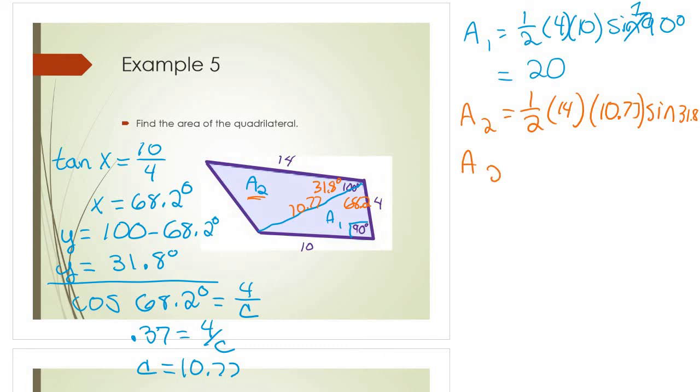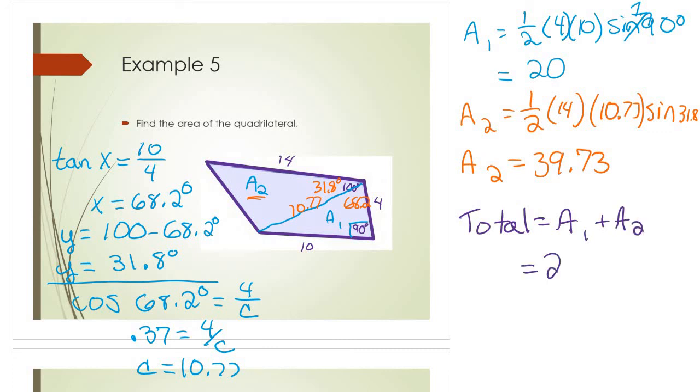All right, so area 2, when I typed it into my calculator, I got that value, 39.73. Now for the total area, drum roll, equals area 1 plus area 2, 20 plus 39.73, and our total area is 59.73. No units are given here, so I'll just do units squared.